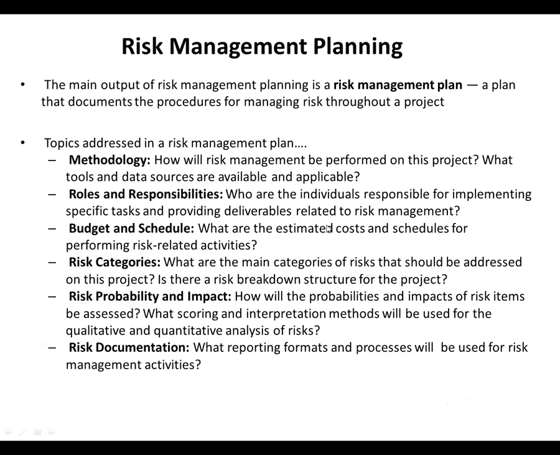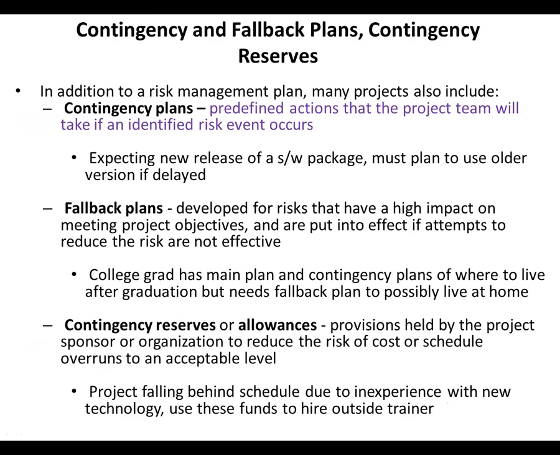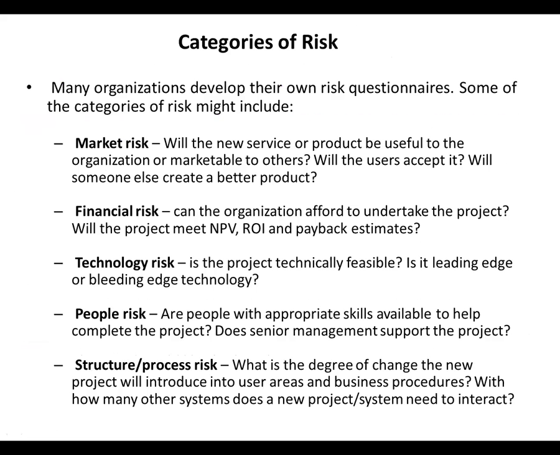We discussed the benefits and the major components of a risk management plan, and what contingency and fallback plans are. And then we categorize the risks according to relatedness. If related to the market, it's called market risk.